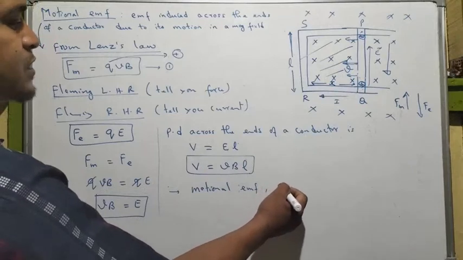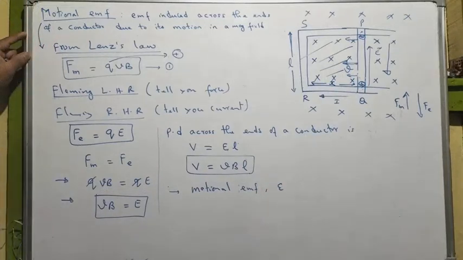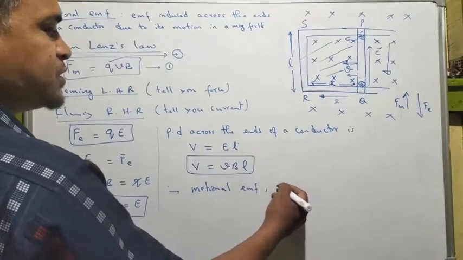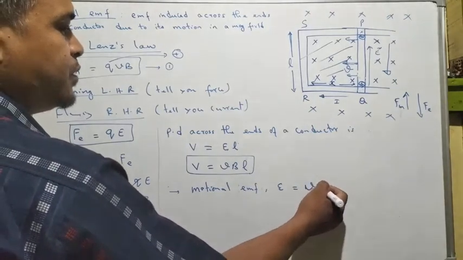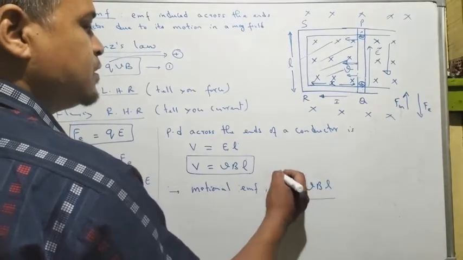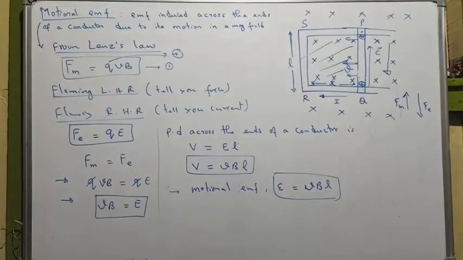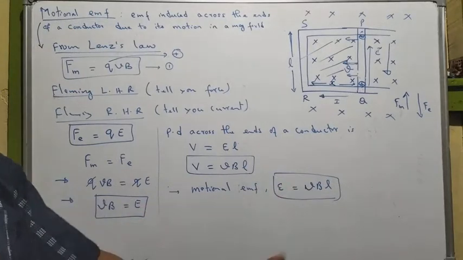And so we will write, let's say, with a new symbol for motional EMF. So this motional EMF will be vBL. Alright, so again we get the same thing as when we talk about motional EMF using Faraday's law. This is always the value.